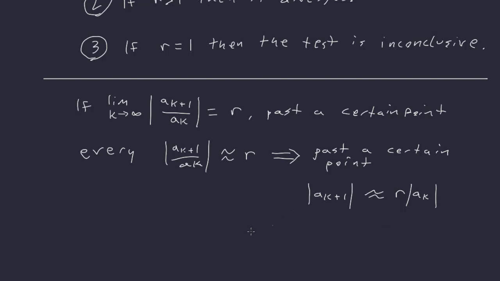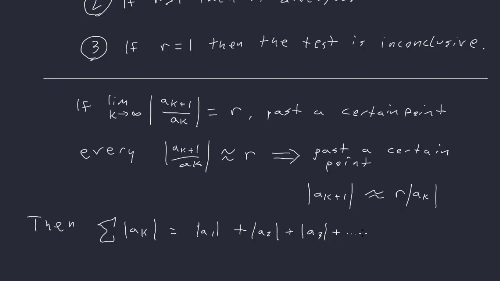Okay, so then from here, the series of the absolute value of a_k is going to be the absolute value of a_1 plus the absolute value of a_2 plus the absolute value of a_3, on and on.